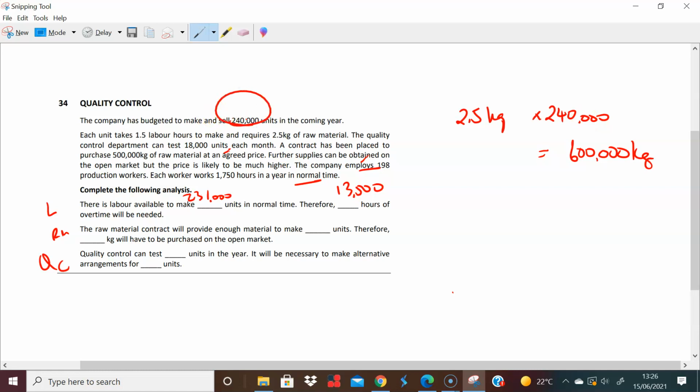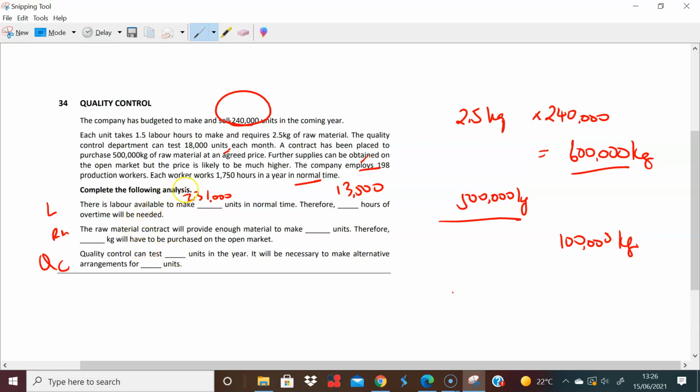It says a contract has been placed to purchase 500,000 kilograms of raw materials. So if you need 600,000 kilograms and you have a contract currently, you will need another 100,000 kilograms. But let's look at what they want us to say.